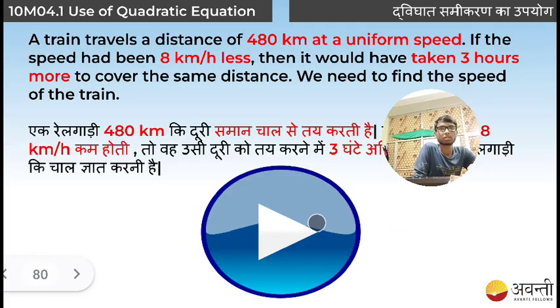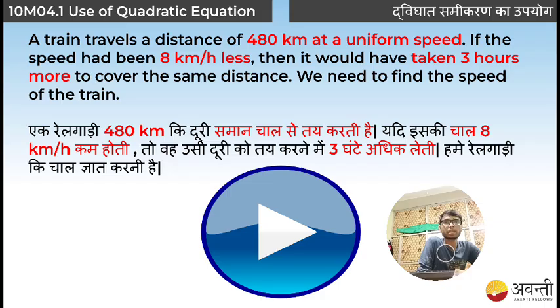A train travels a distance of 480 km at a uniform speed. If the speed had been 8 km per hour less, then it would have taken 3 hours more to cover the same distance.